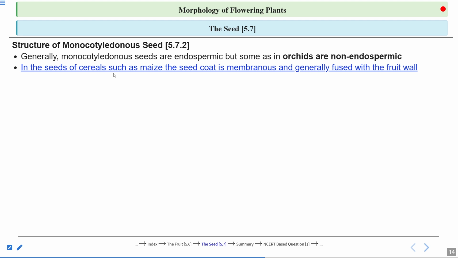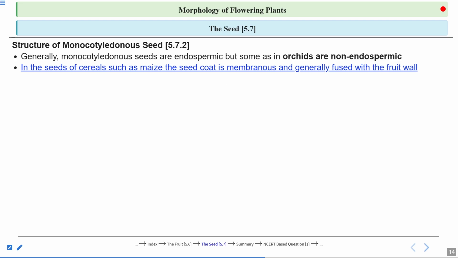In the seeds of cereals, such as maize, Zea mays, the seed coat is membranous and generally fused with the fruit wall. The seed coat is very thin.